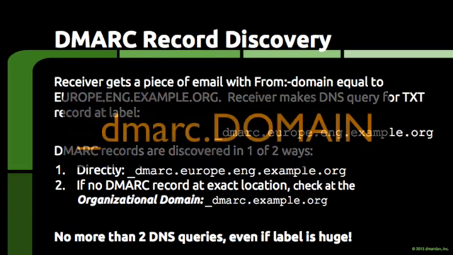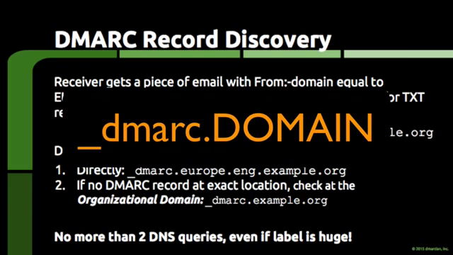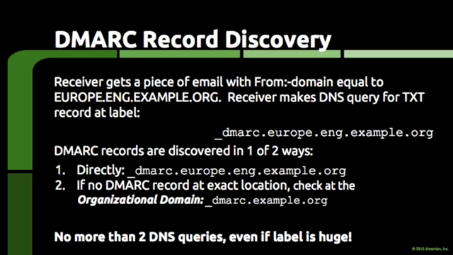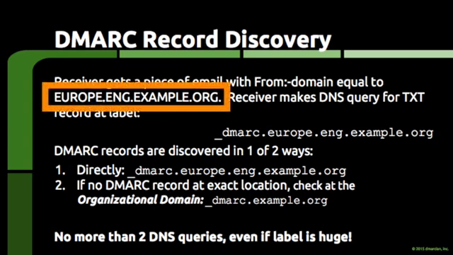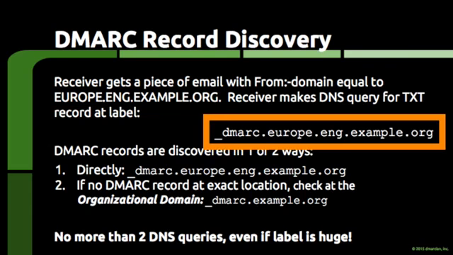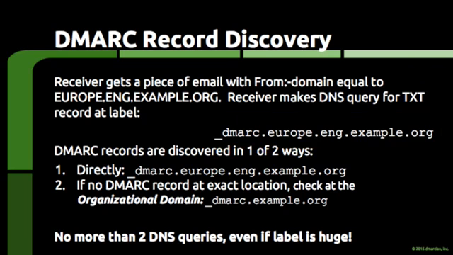The receiver will slap an underbar DMARC prefix to the domain and query the DNS for a text record. In the example shown here, the extracted domain is europe.eng.example.org. The receiver would add _dmarc to this domain and query the DNS to try to find a text record. But what if the query results in nothing, or a text record whose content had nothing to do with DMARC?